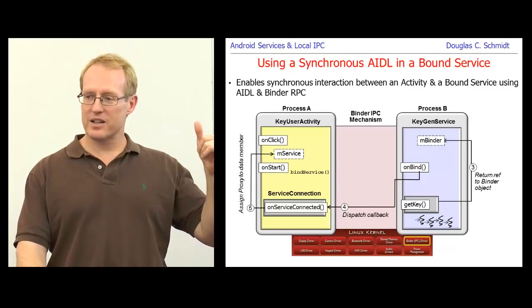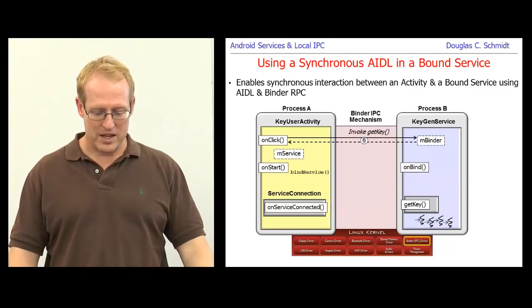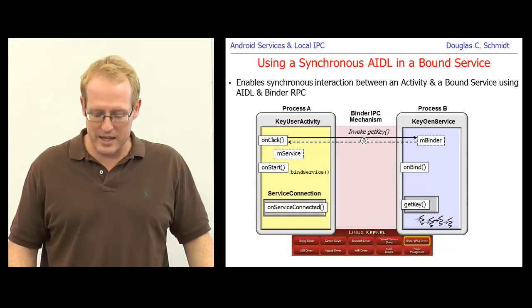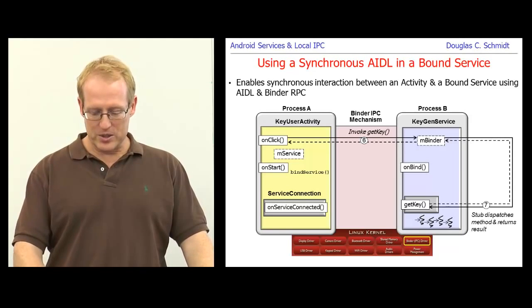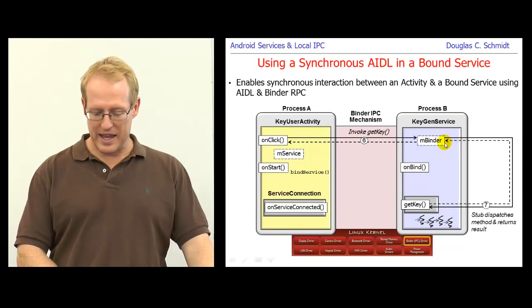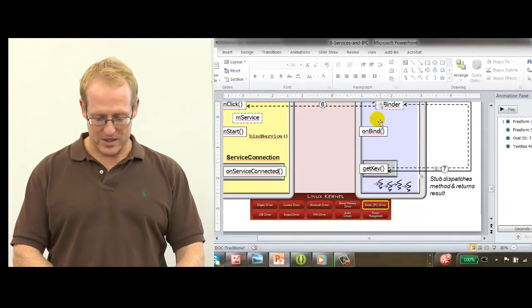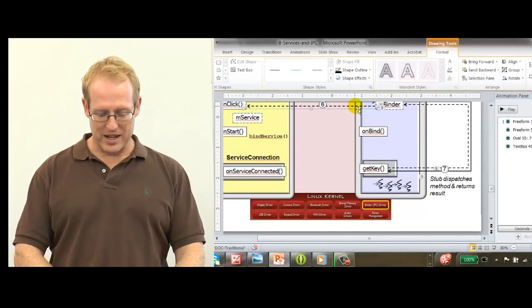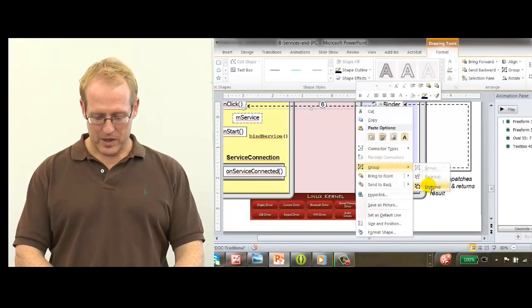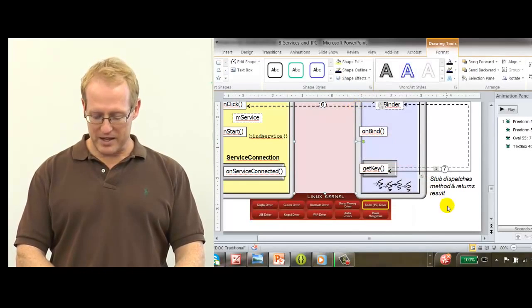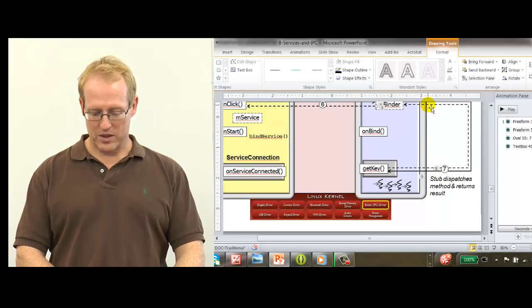And then when someone clicks a button to actually run this service, that goes ahead and invokes the getKey method. And actually that's not quite right either. This is animated incorrectly. I'll fix that later. This has to be animated so that it comes back when the reply comes back.